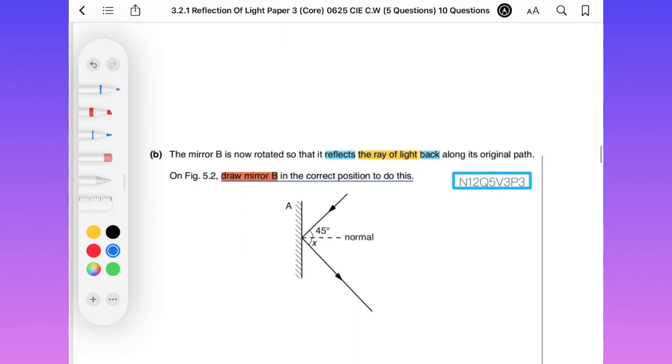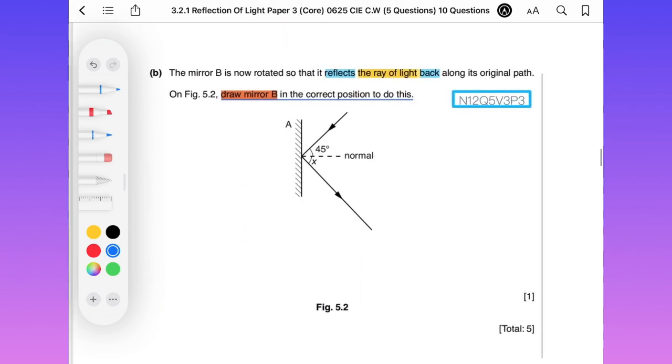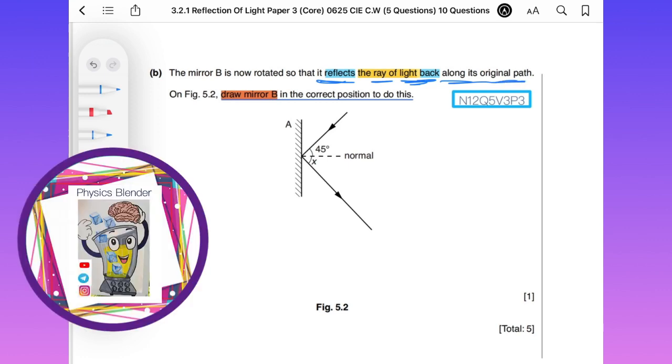The last part: the mirror B is now rotated so that it reflects the ray back along its original path. How will it be reflected along its path? It means it strikes the mirror at right angle along the normal. So how can you draw the mirror now?